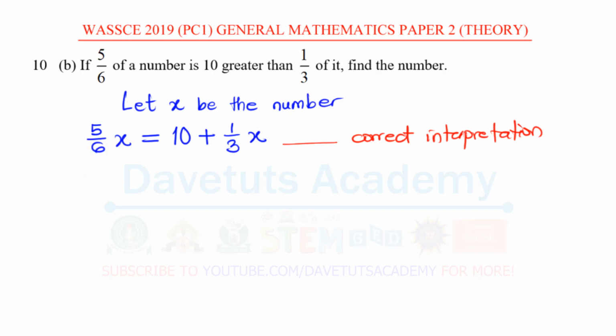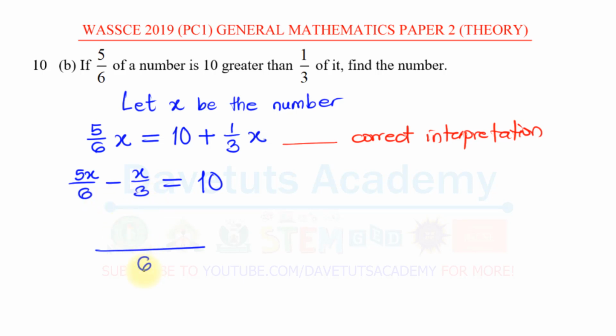All we just need to do is collect like terms. So we can say 5x/6 minus x/3 is equal to 10. And if you have to find the LCM for this, it is 6, because that is the number that both denominators 6 and 3 can divide.